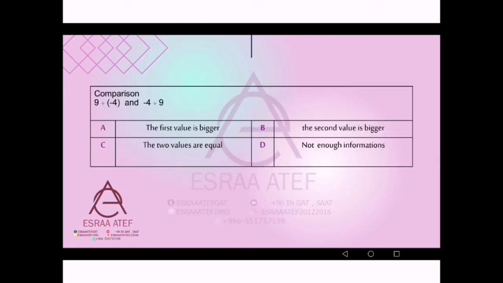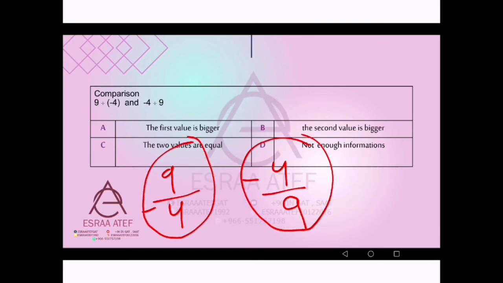Okay, next one here, 9 divided by negative 4, and here we have negative 4 divided by 9. We compare this fraction and this fraction. In the negative, the fraction which has the larger denominator is the bigger, because if it's a normal one, not negative, the one which has the bigger denominator is the smaller.